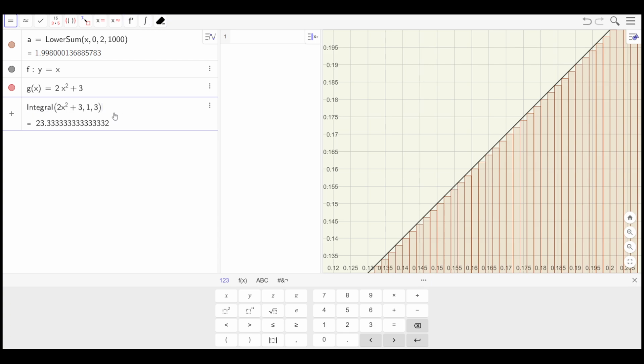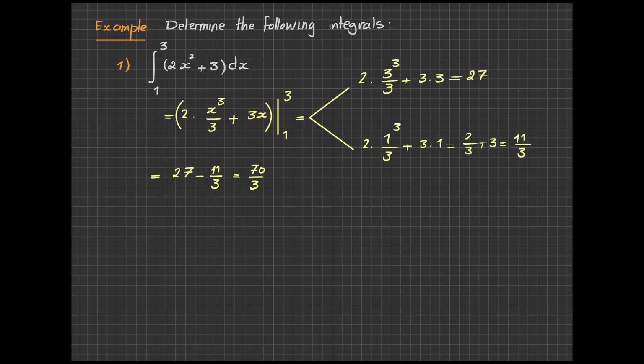It was easier for me to write it as a quote here. Okay, so I go back to here now. Let me ask you to calculate one more, number 2.